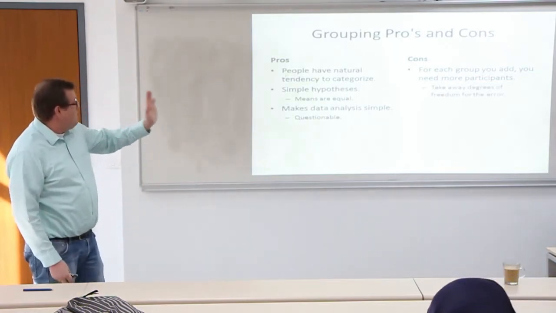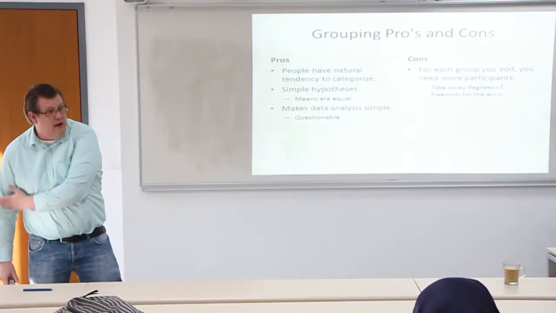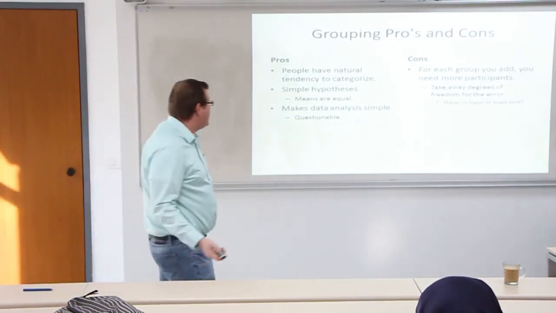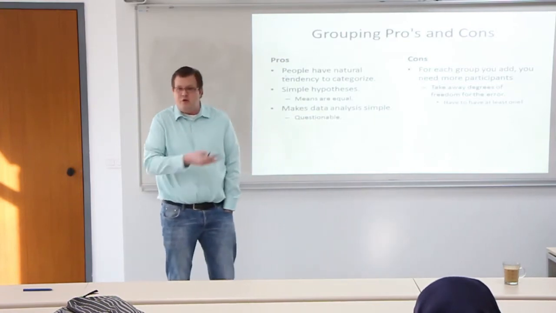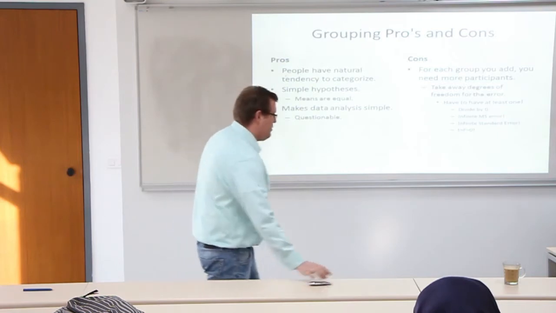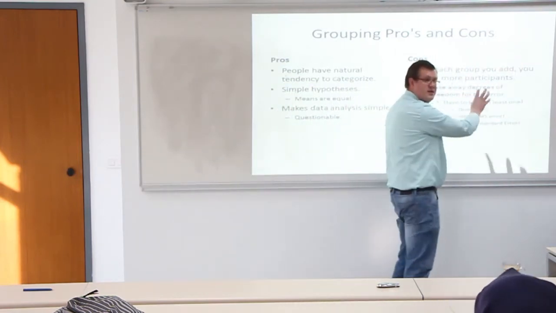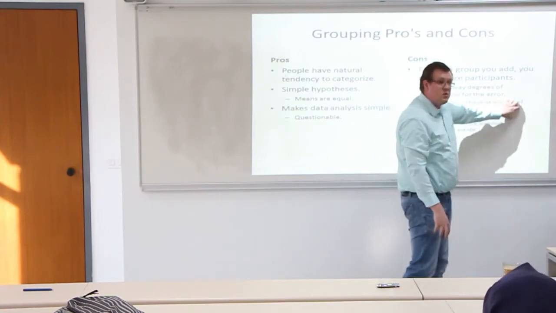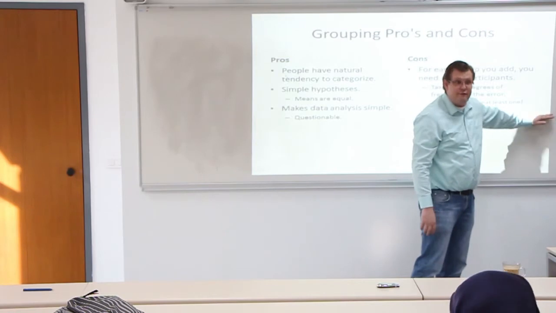Anyway, when you add more groups, you are taking away degrees of freedom from the error. And you have to have at least 1 degree of freedom in the error terms, or you can't do your tests. So if you think back to the ANOVA, you had the mean squares of the effect over the mean squares of the error. And the mean squares of the error was the sum of squares for the error over the degrees of freedom.